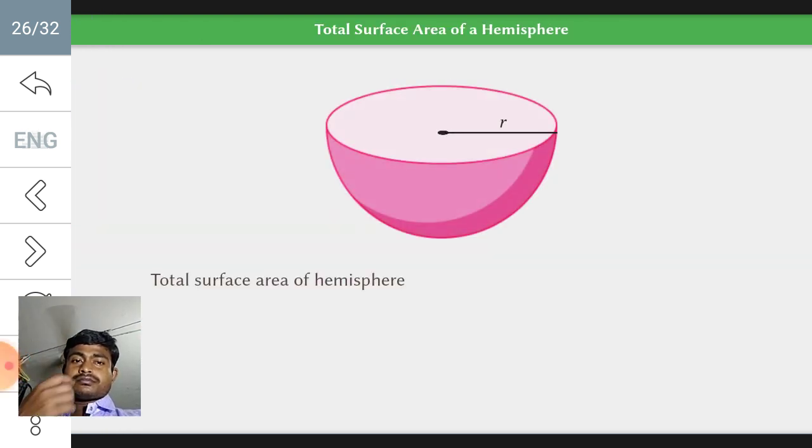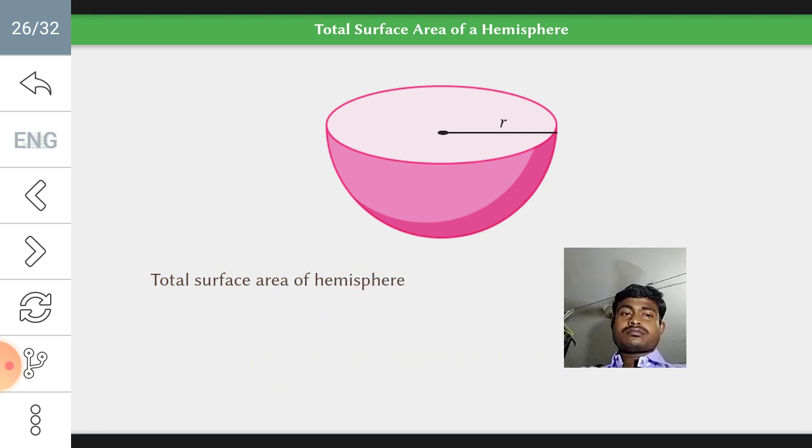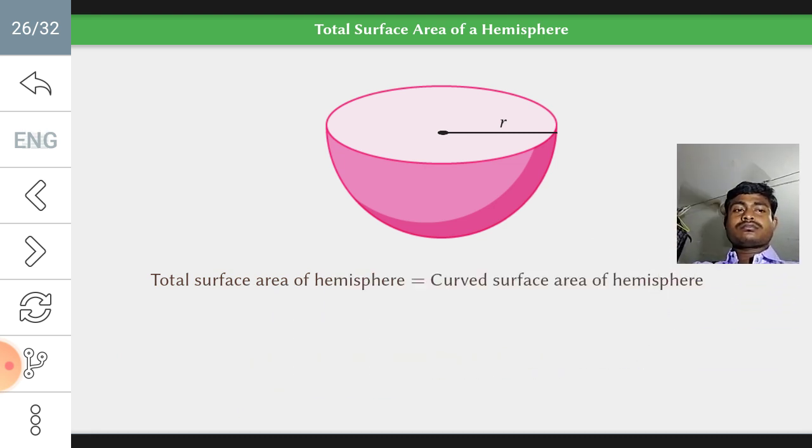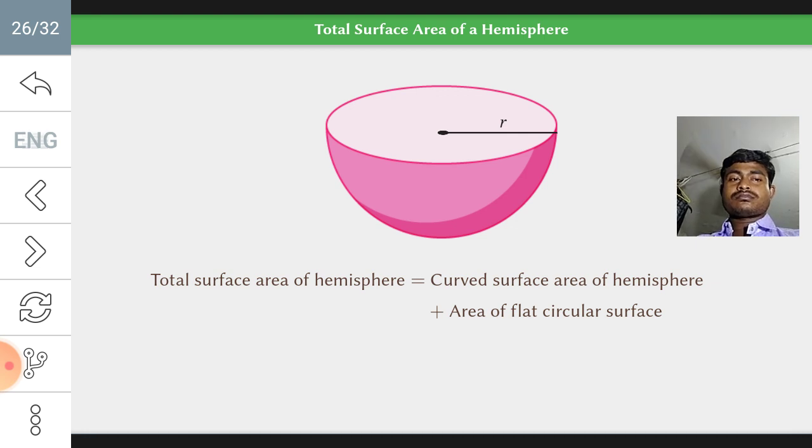The total surface area of a hemisphere is the sum of the areas of the curved surface and the flat circular surface. We know that the area of the disc-like flat circular surface of a hemisphere of radius r is equal to the area of a circle of radius r.